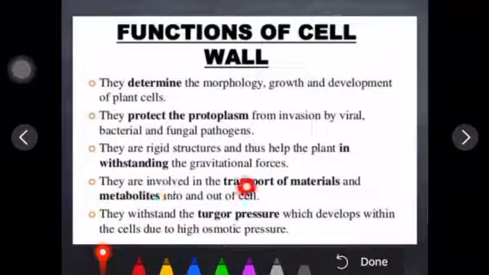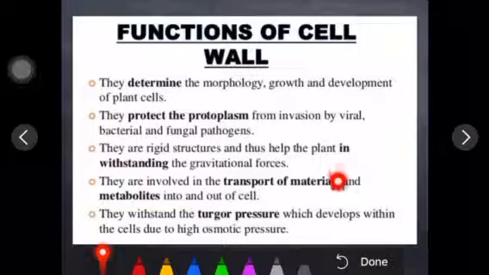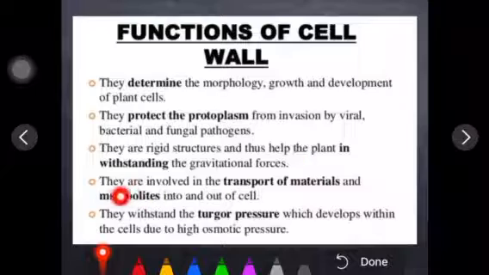They are involved in the transport of material. Why? Because they have tiny pores, which we have discussed, plasmodesmata, for metabolites into and out of these cells. Here the meaning of metabolites is chemicals.